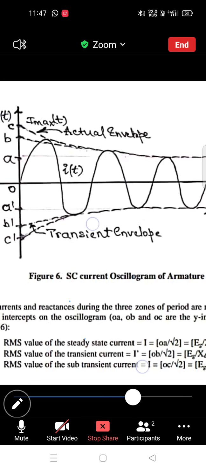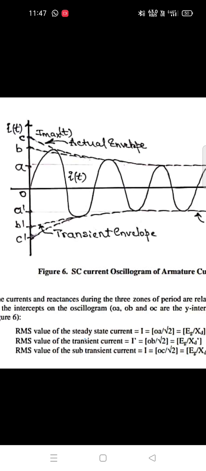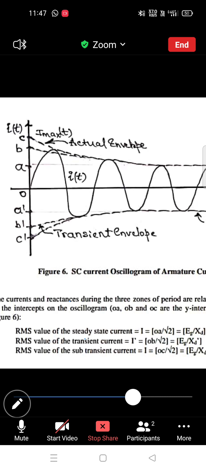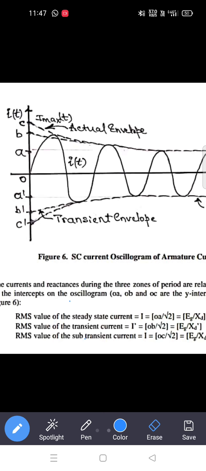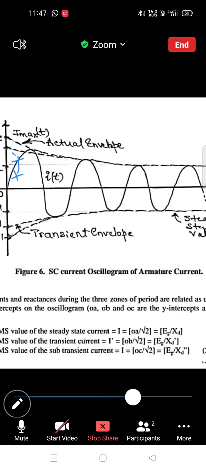The RMS value of steady state current I will be OA upon root 2. OA is the line of steady state, so OA will be the steady state current magnitude upon root 2, so EG by XD.